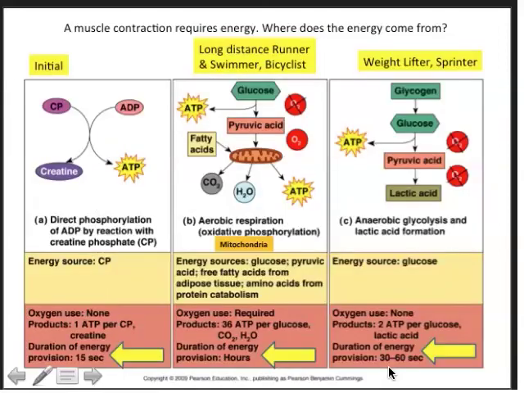And what you're looking at here is just an explanation of where the energy comes from to provide all of this contractile force. So initially, the energy comes from a special molecule inside the muscle cell called creatine phosphate.